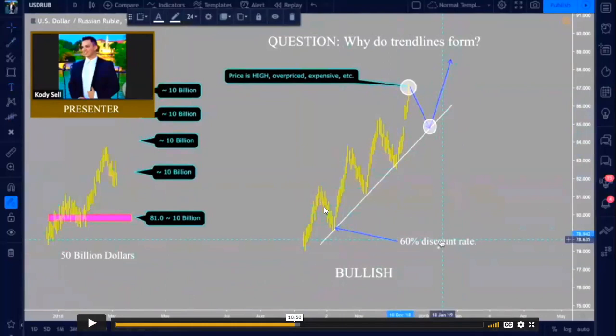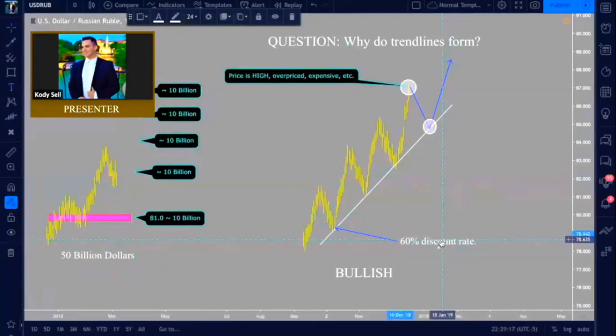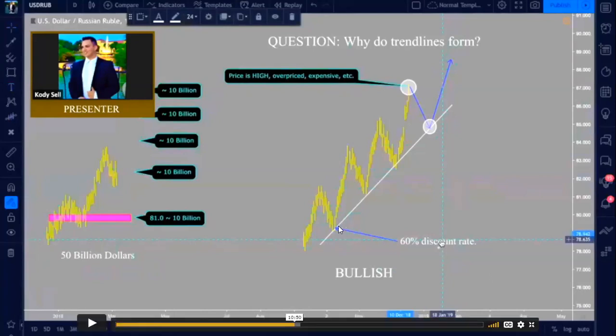When the market is in a bullish trend, it's making higher highs and higher lows. Everybody write that down. What I mean by that is, you see my cursor? Let's say this is where price was at first, and then price rose. This is a higher high, right?